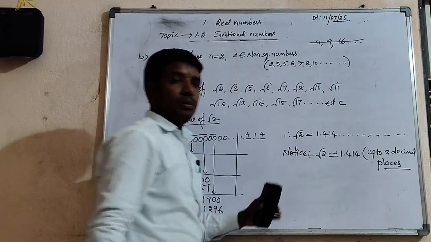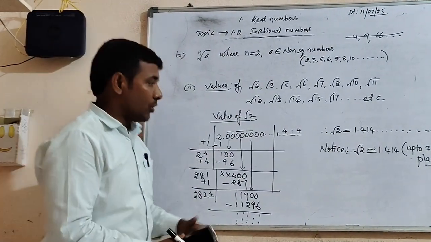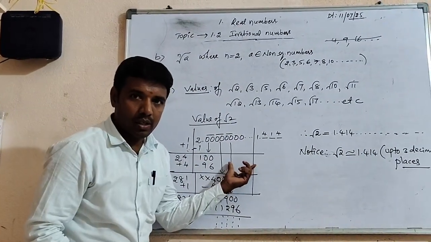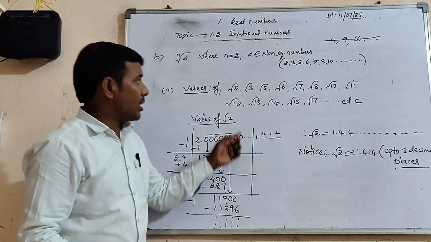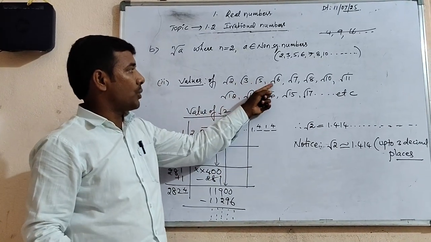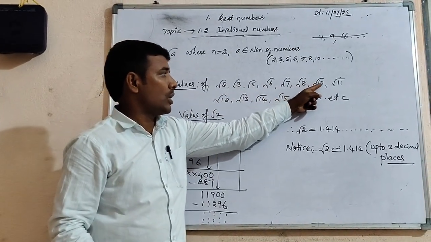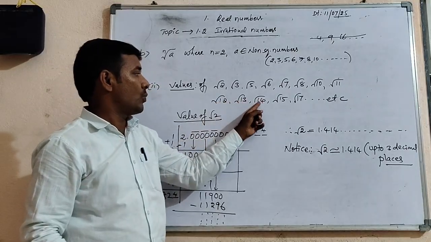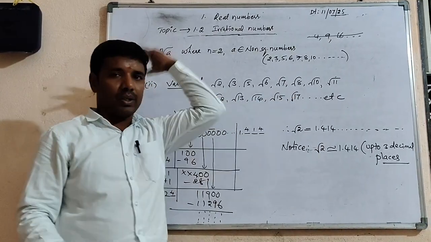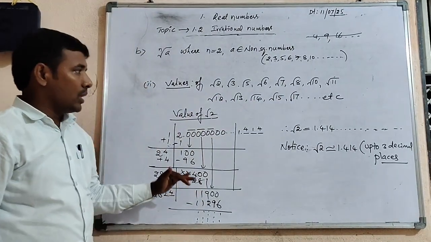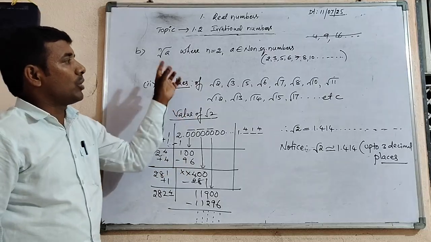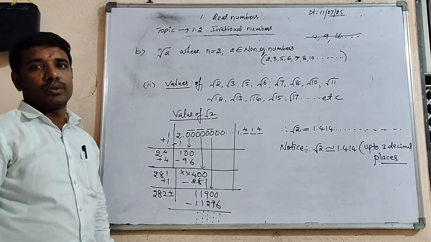Up to 3 decimal places. I think you clearly understood. Similarly, we can find root 3, root 5, root 6, root 7, root 8, root 10, root 11, root 12, 13, root 14, root 15, root 17, whatever. In this process, we can find all those values.